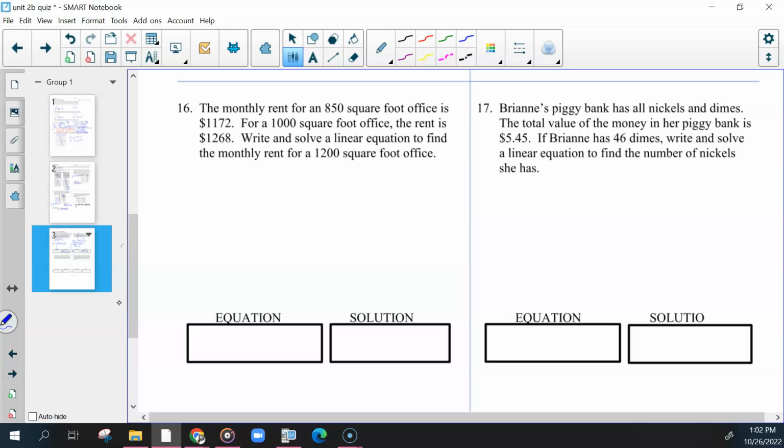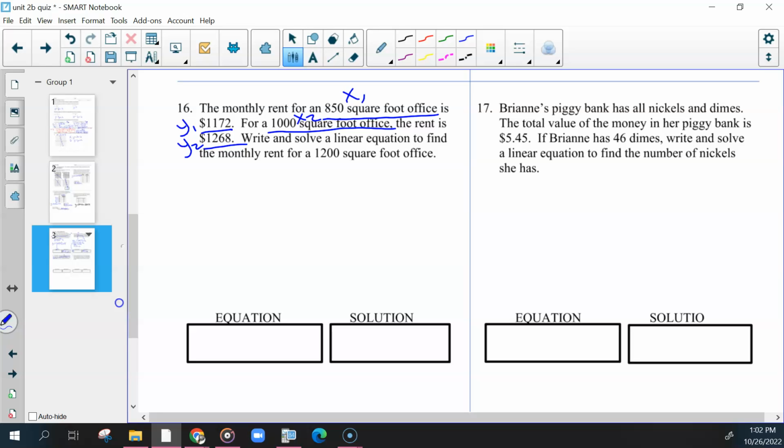For 16, you have to recognize what you're given. Here we're given square footage and we're given the cost of that square footage. And then again, because the amount of square footage directly affects the cost, that's like an input-output situation. So this would be X and Y. It means you're not given M, you're not given B. So then you have two choices.